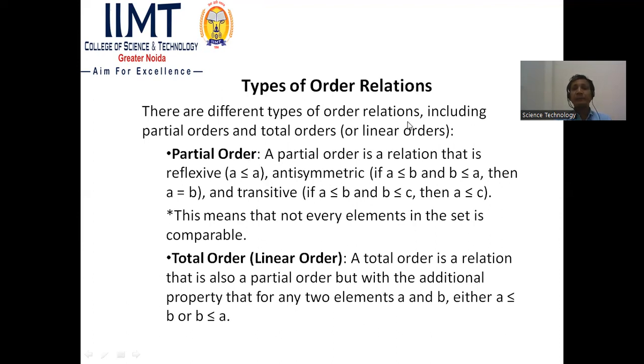There are different types of order relations, including partial order relations and total order relations. Partial order relations are those relations which exhibit reflexive, antisymmetric, and transitive properties.